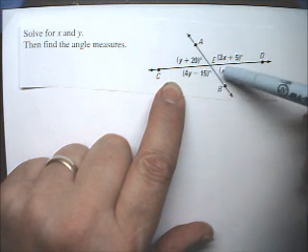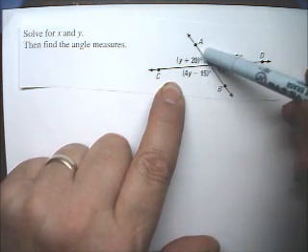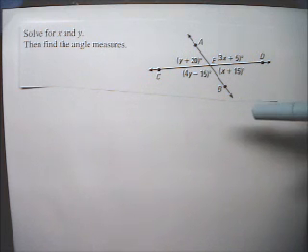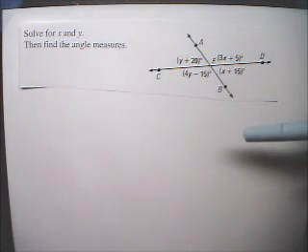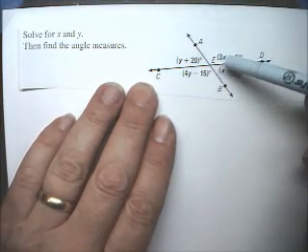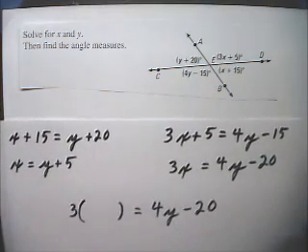And these two add up to 180, so that'd be another equation in x and y, and we could solve those two equations simultaneously. So there's three different choices that I see here, and the book uses this choice, that this one plus this one is 180. I'll do that too, but I'll also do the vertical ones.